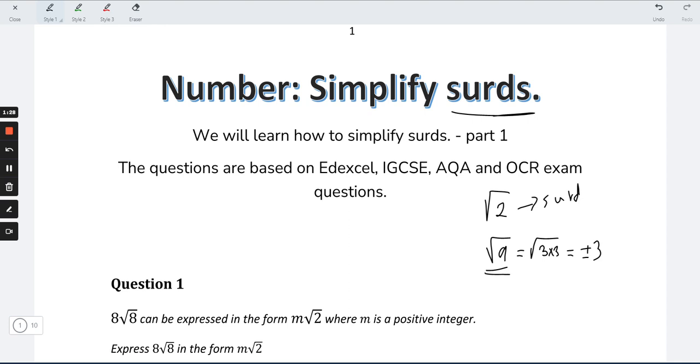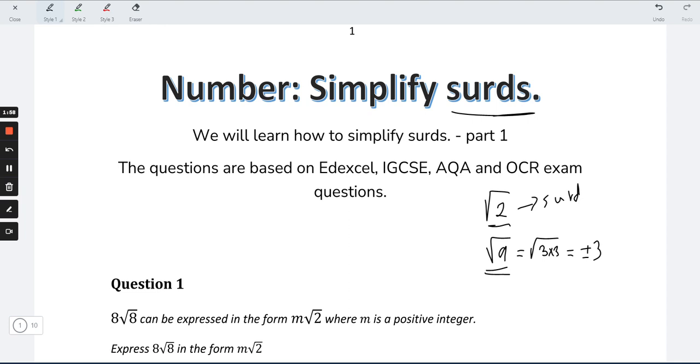So here it's not a surd. A surd is a number that cannot be simplified to remove a square root. The square root cannot be simplified further, and using a calculator we get a decimal number. Square root 9 can be simplified to plus or minus 3, so it's not a surd.